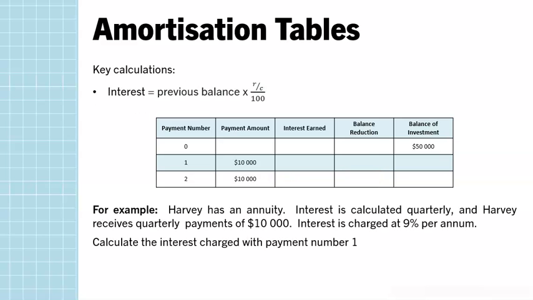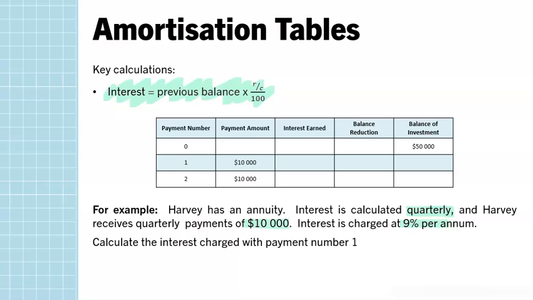So looking at an example here, we have Harvey has an annuity. The interest is calculated quarterly, and Harvey receives a quarterly payment of $10,000. The interest is charged at 9% per annum. So firstly, we want to calculate the interest charged with payment 1. And you can see we have a little formula up here, a reminder of how we calculate that interest.